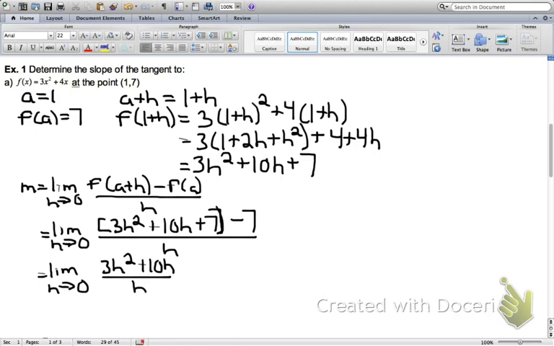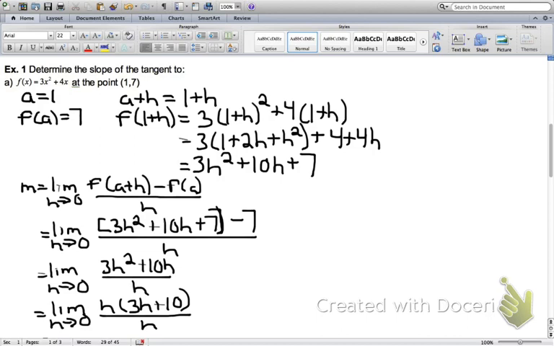Our next step we can do is factor out an h from our numerator, and we're left with 3h plus 10 all over h.